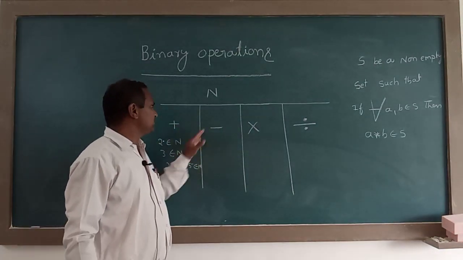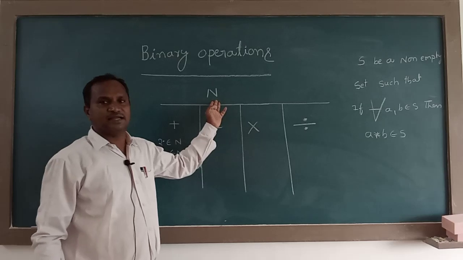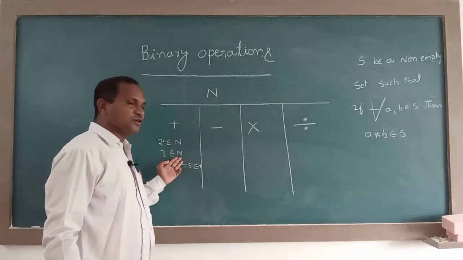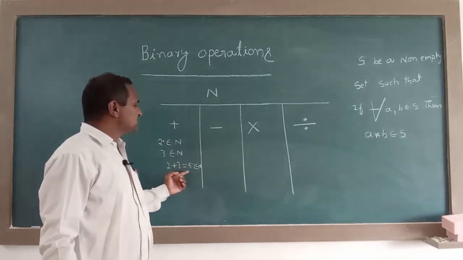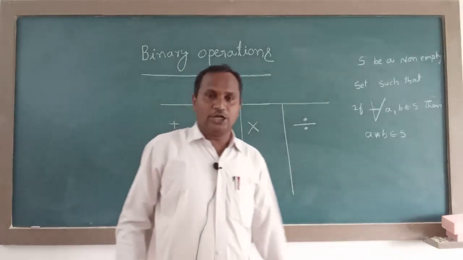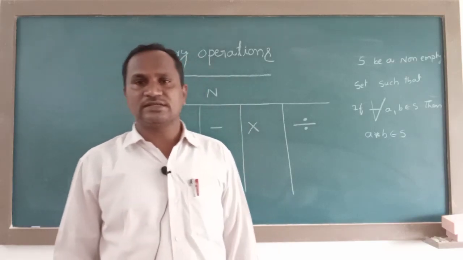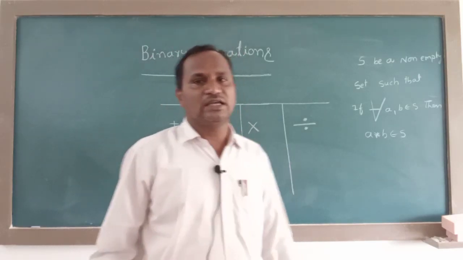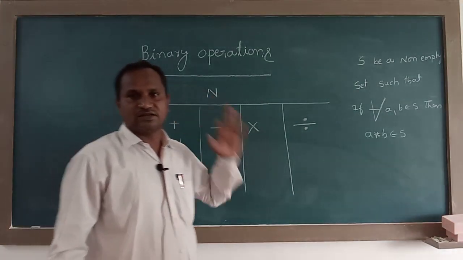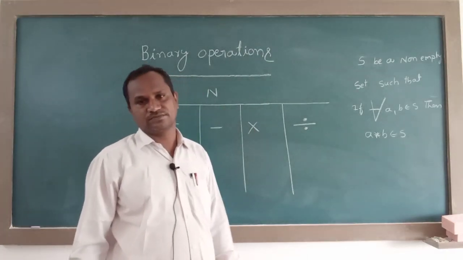S is a non-empty set means capital N is a non-empty set where 2 belongs to capital N and 3 belongs to capital N. Then 2 plus 3 is equal to 5 belongs to capital N. That is, the addition of any two natural numbers is again a natural number. Therefore, addition is a binary operation on the set of all natural numbers.